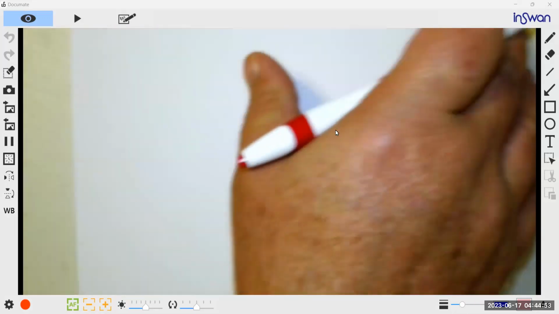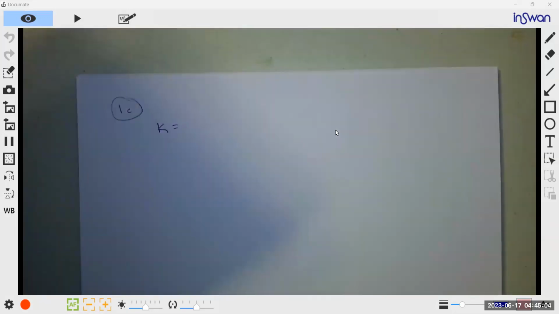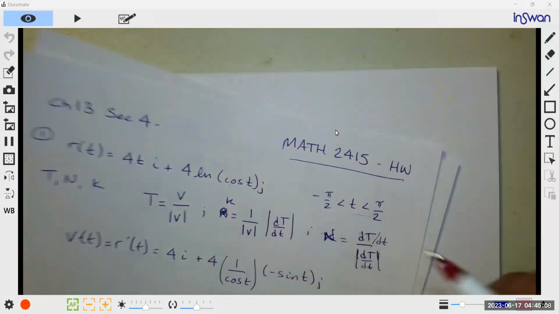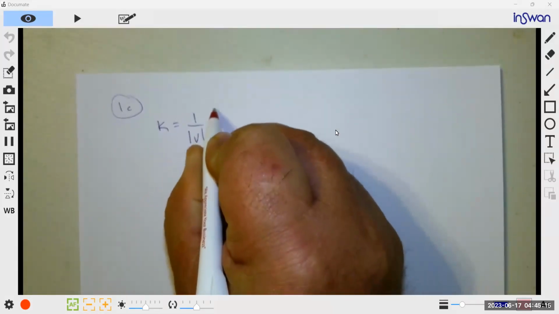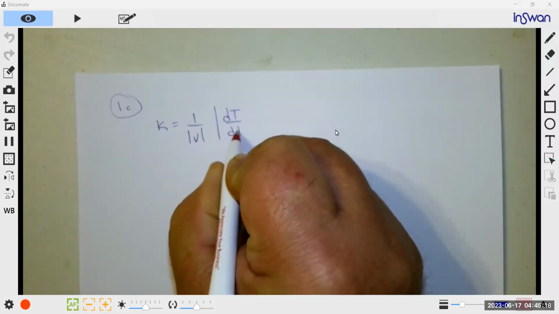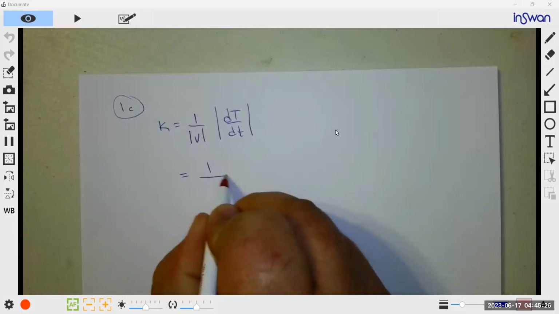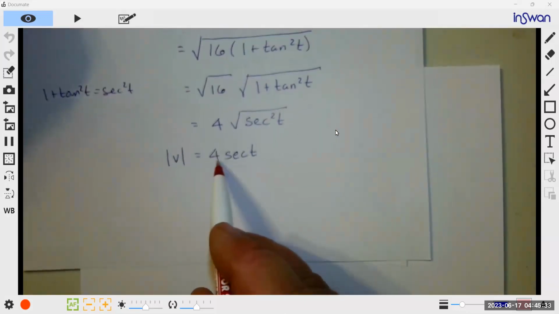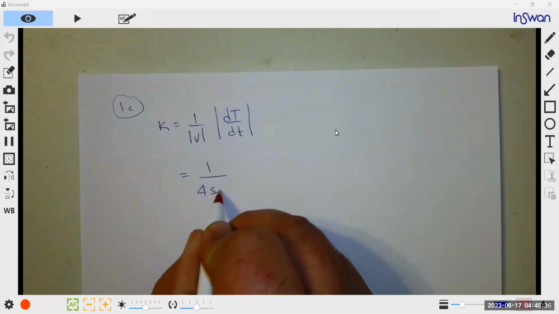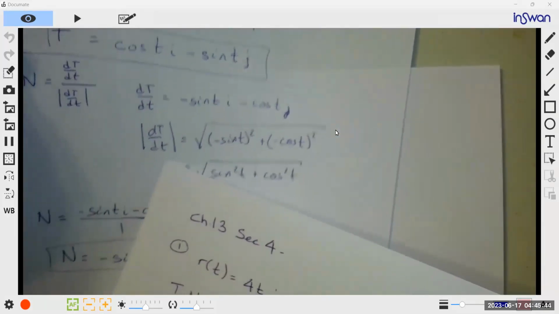Okay, the third part of this question, which is part C, is find K. Again, the formula for K is 1 over the magnitude of v times the magnitude of the derivative of T. The magnitude of v from our first page was 4 secant t, times, from the second page, the magnitude of the derivative of T, which is 1.